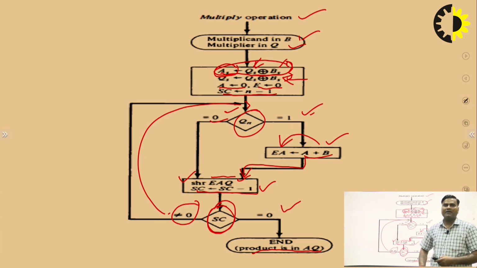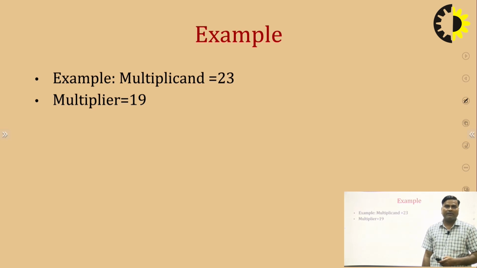So sign calculation is separated and the magnitude data part is separated. So in this example, we don't consider the sign, and we use multiplicand 23 and multiplier 19, and the result should be 437.